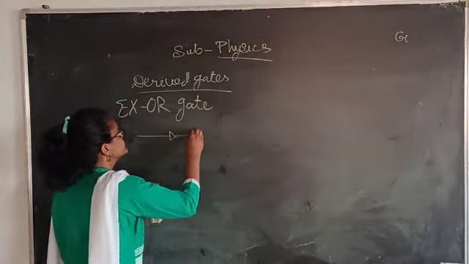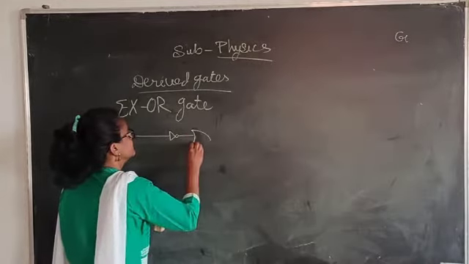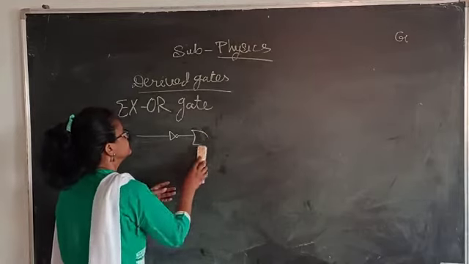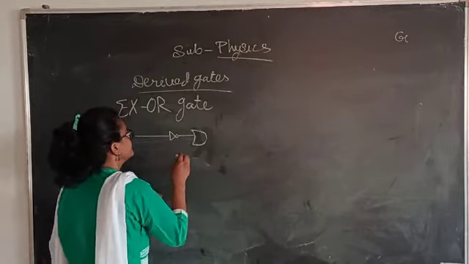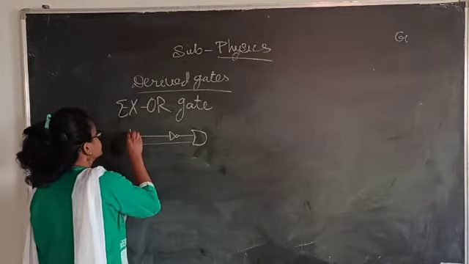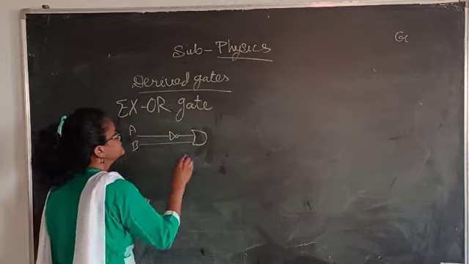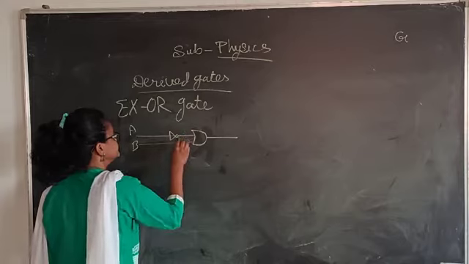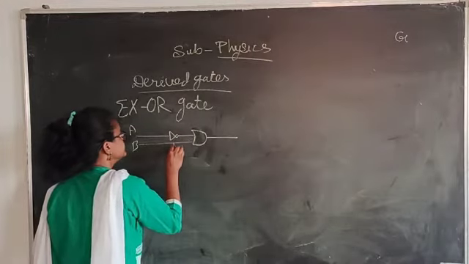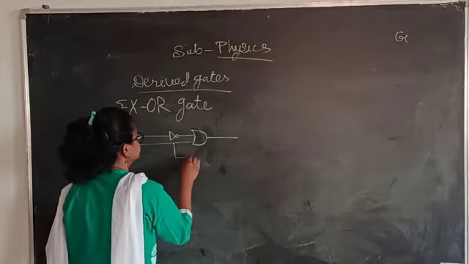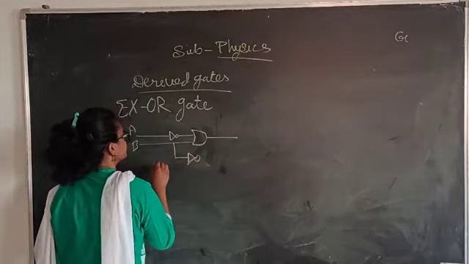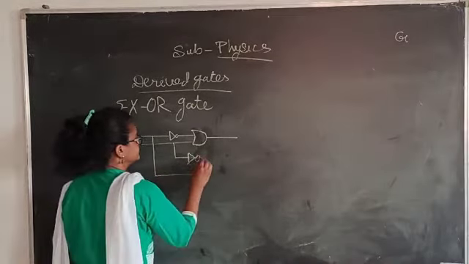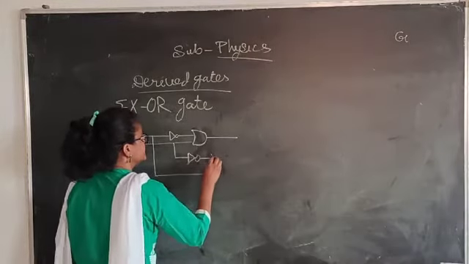You can even draw it like this, AND. This is A, B, again AND.